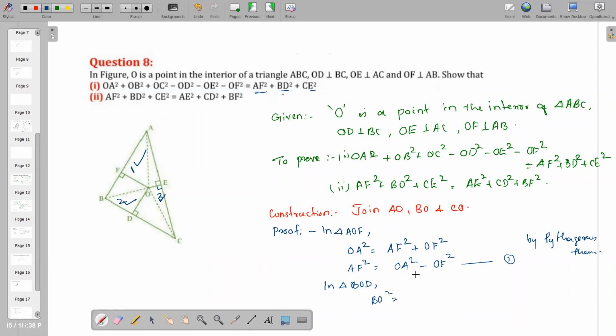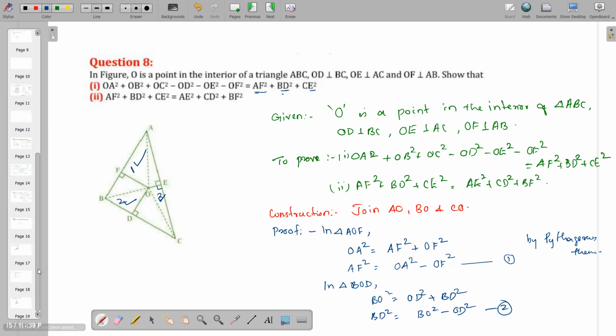BO square is equal to OD square plus BD square. Correct. But we need BD, so we can write BD square is equal to BO square minus OD square. I am taking the next page. This one is also equation 2. Then the next one is COE. Which triangle should be taken next? COE. Give me a minute.